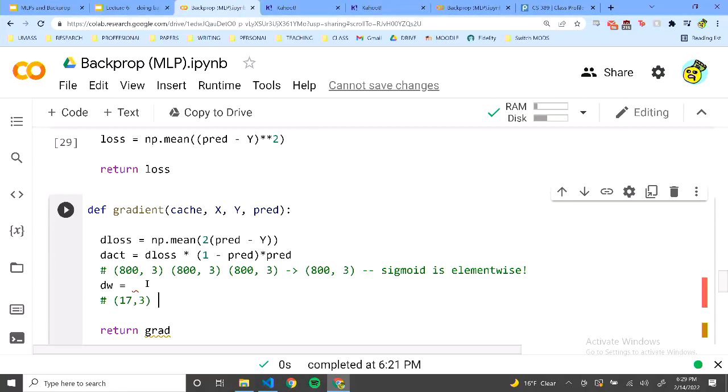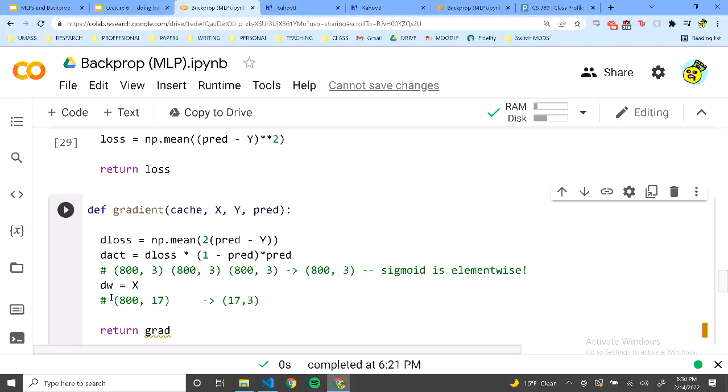So we know that the derivative of weights with respect to its output is just going to be x, right? Let's do it like this. We have something that is going to be, let's say, 800 by 3, or 800 by 17, sorry, I messed it up.